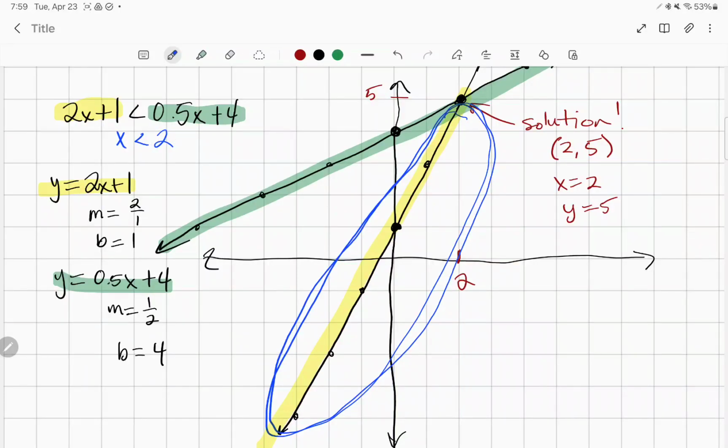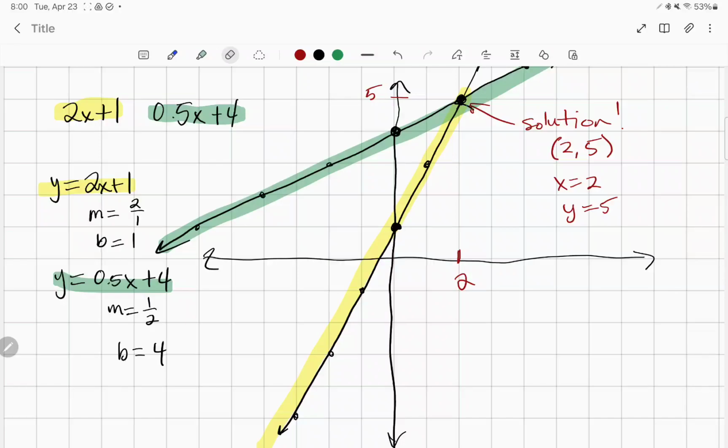This is the answer to question C2 right here. The yellow graph, the 2x plus 1, is less than the green graph, the 1/2 x plus 4, everywhere when x is less than 2. Again, you can set it up like this, go through and solve it, and you'll get the exact same thing, but graphically you need to be able to see what that looks like in terms of the relationship between the green graph and the yellow graph here.